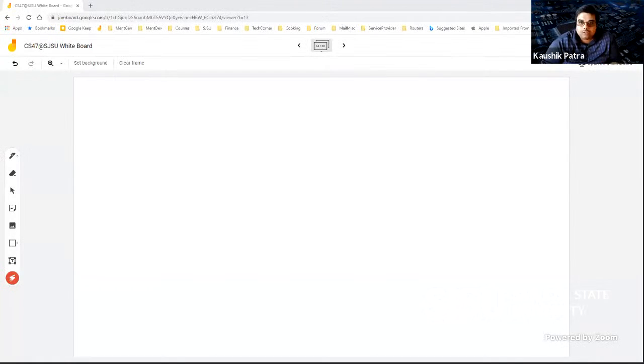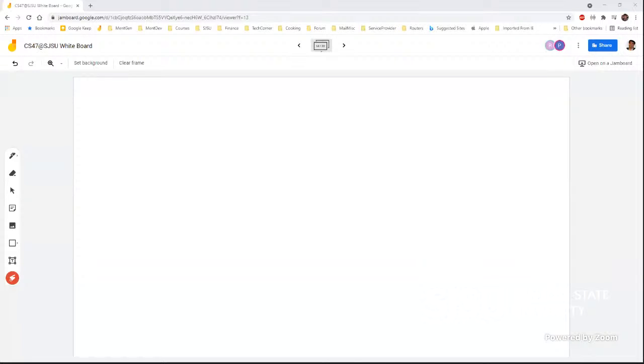Share. So let's do one by one. The first thing is to create a two's complement, and I'm assuming this is a 32-bit two's complement procedure. So I'll just take a screenshot and upload.